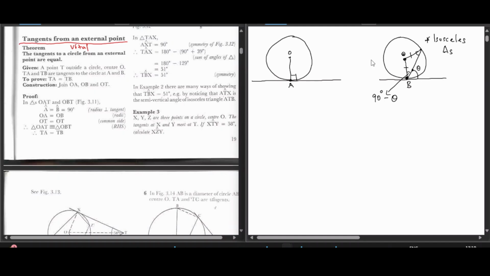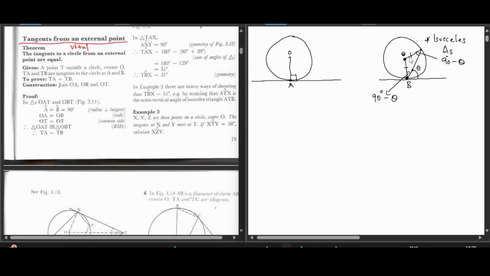Where does the 90 come from? We see that we have a radius meeting a tangent at a common point B. But if this is 90 minus theta, this is also going to be 90 minus theta, because these are base angles of an isosceles triangle, formed by the two radii plus this chord.